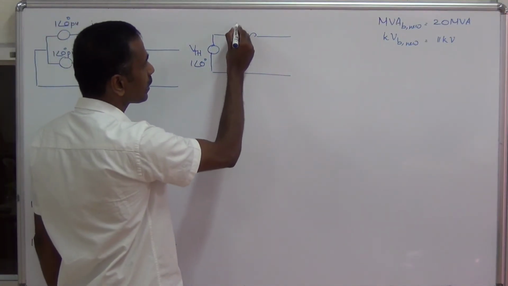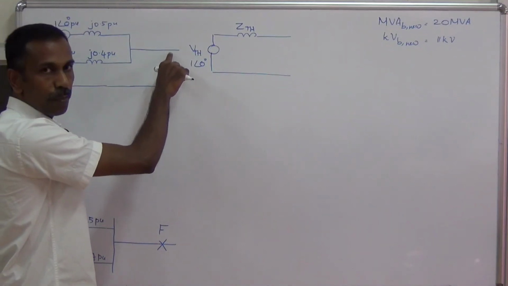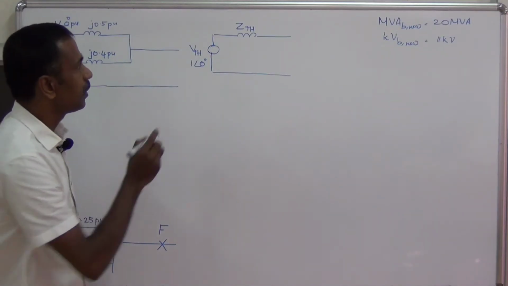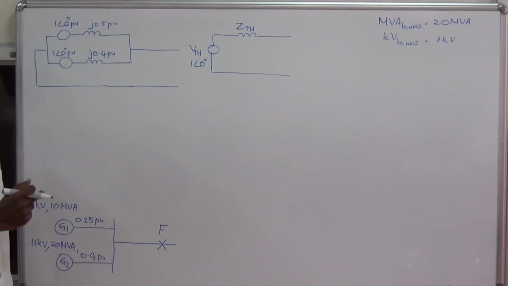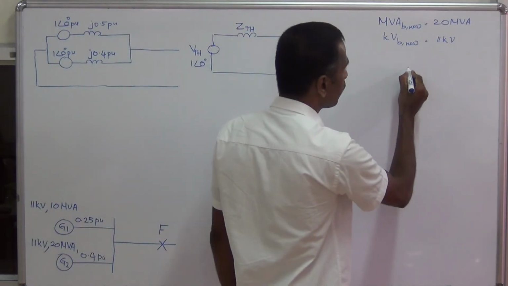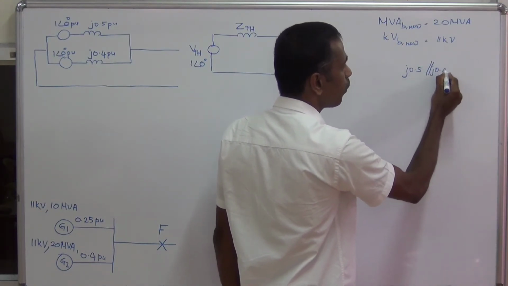What is ZTH? This is the impedance at the fault point before the occurrence of fault. This is equal to the parallel combination of these two reactances, J 0.5 parallel with J 0.4.